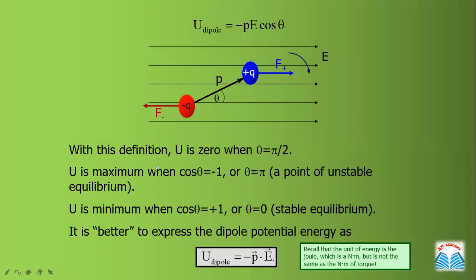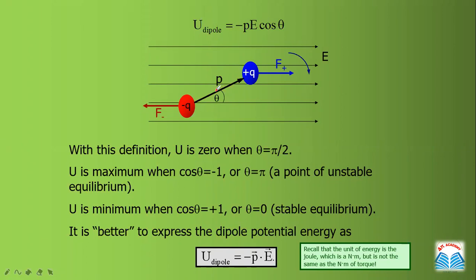Where the potential energy is maximum, that is the point of unstable equilibrium. That means on that orientation of theta, the dipole is not in equilibrium. It is not stable. It will again come into its equilibrium state.